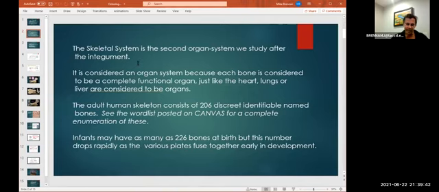So the skeletal system, it's the second organ system we study after the integument. Remember, body regions, terms of direction, cells, cell division, those aren't organ systems. That's just some basic entry-level stuff. Once we hit the integument last lecture, which of course was a cutoff point for the last lecture and lab exam.